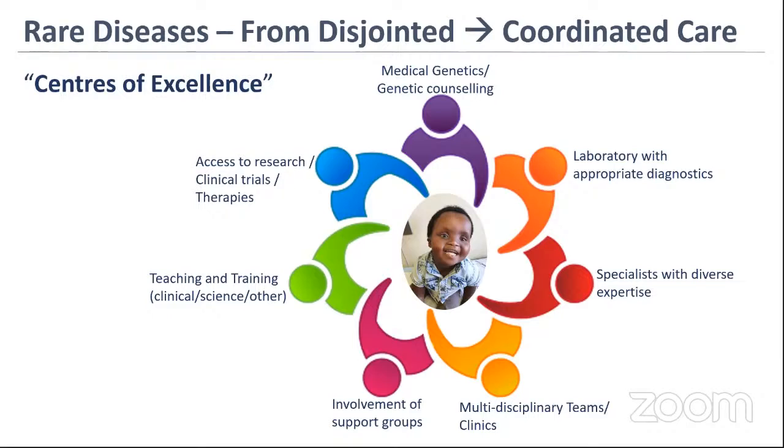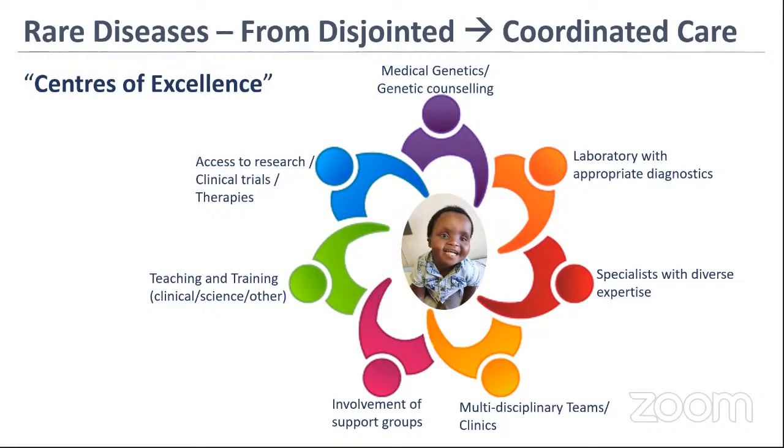We definitely need the involvement of support groups and other community organizations. There needs to be improved access to research, which includes clinical trials and therapies, and more teaching and training, not only on the clinical side, but on the science side of things, in order to have a better idea not only about which rare diseases are common in South Africa, which rare diseases are available for us to study or need us to study in further detail, and what a GP, for example, or a medical student needs to be taught as far as rare diseases in order to be able to, when they are out in the community, recognize that this patient is a potential rare disease patient.